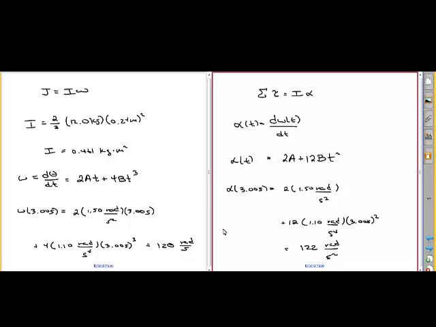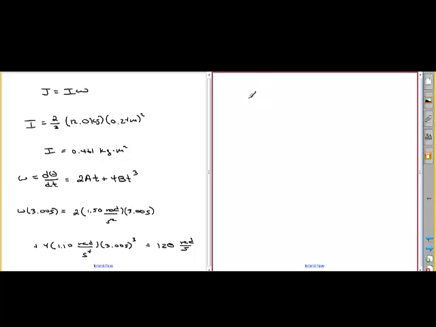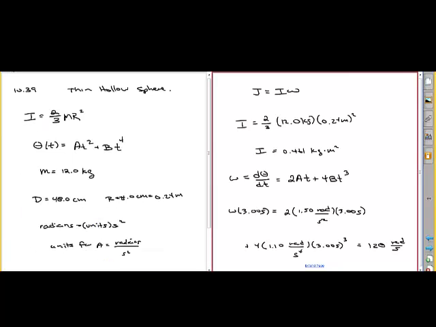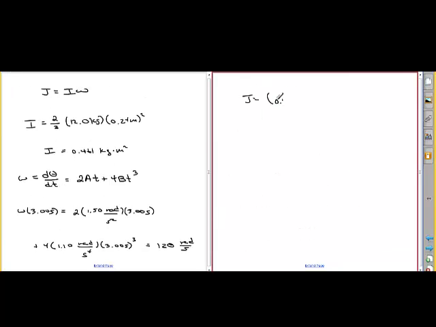Did I actually calculate omega? I never did calculate the angular momentum. That was my problem here. So I got the third part right. The angular momentum is J, and that's equal to the moment of inertia, which is 0.461, with units of kilograms meters squared, multiplied by omega, which is 128 radians per second.